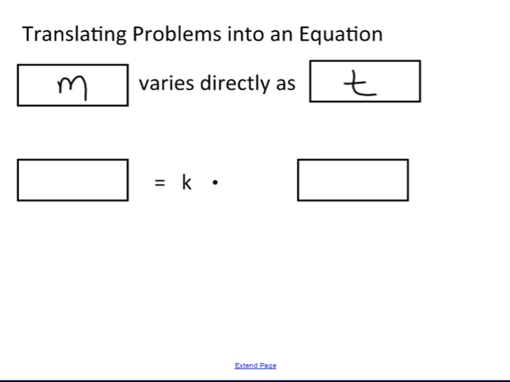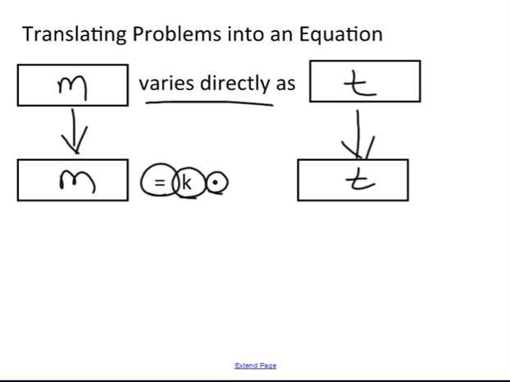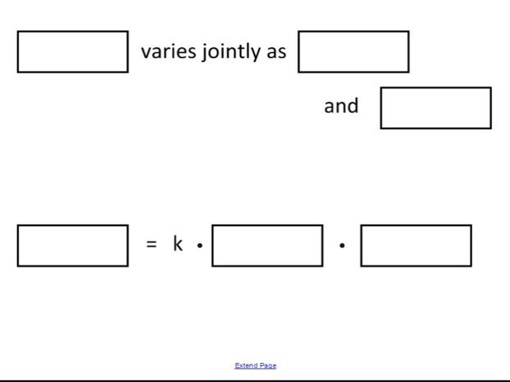So to translate that into an equation, we take this variable, m, varies directly, we say equals k times, and then t goes down there. So m varies directly as t, m equals k t would be the math equation.